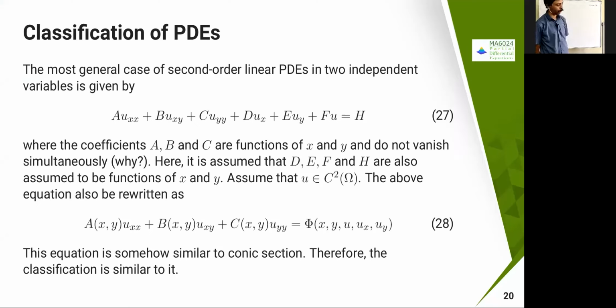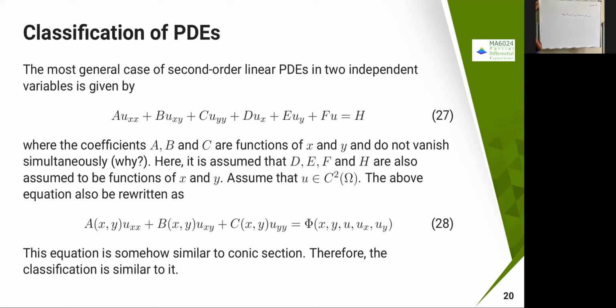Of course, we have the homogeneous and non-homogeneous parts, but depending on the coefficients A, B, C, for example, any general second order linear PDE can be written in this form: A U XX plus B U XY plus C U YY plus D U X plus E U Y plus F U equal to H, denoting H because homogeneous.